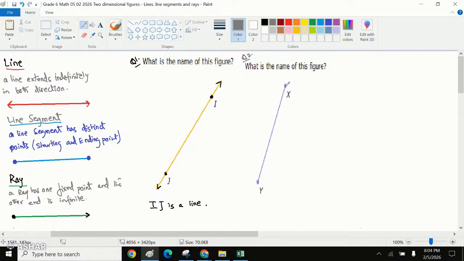We can see that there is a dot in this. A dot means there's a starting point and there's another dot. That means one of them would be the starting point and one of them would be the ending point. So what we can say over here is X and Y. See, line, segment and ray, they all are lines.